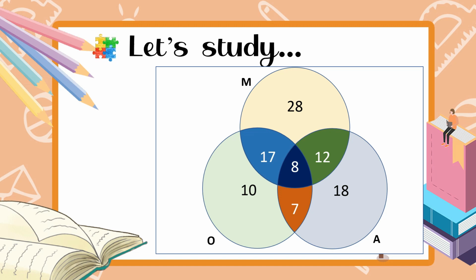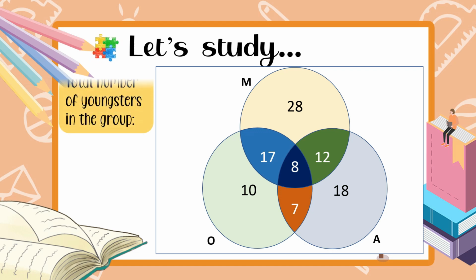Now is the time to answer the question in the problem. Find the total number of youngsters in the group who plays at least one MOBA game. So, to find out the total number of youngsters in the group, you just have to add all the numbers in the Venn diagram.